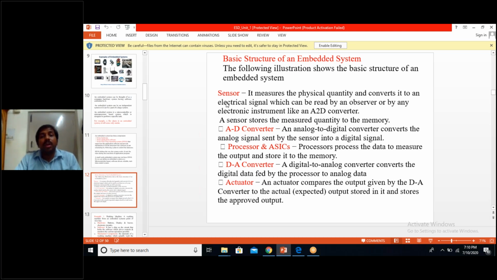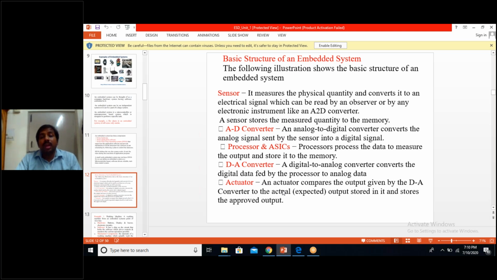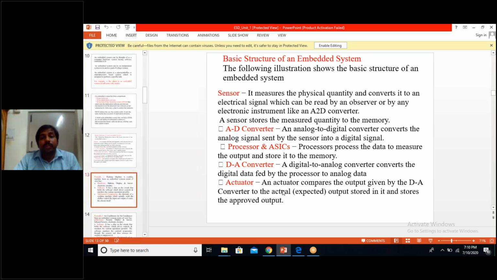The sensor senses the input. It is converted to digital form by the A to D converter, and the processor processes the data. The digital to analog converter converts it to an analog form. Then the commands are given to the actuator, which controls the output.